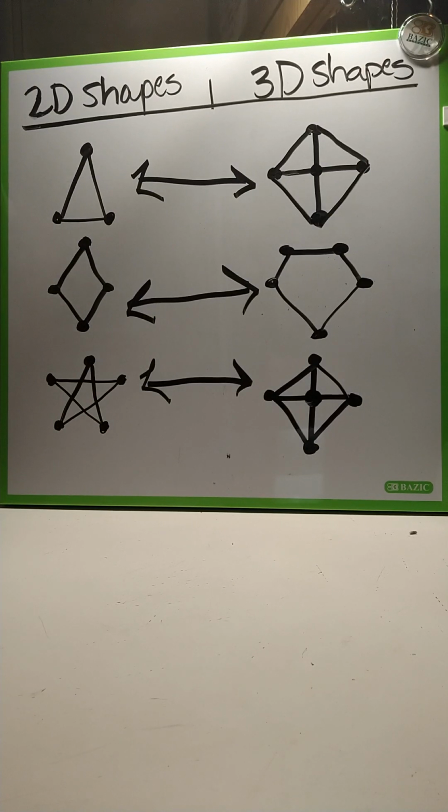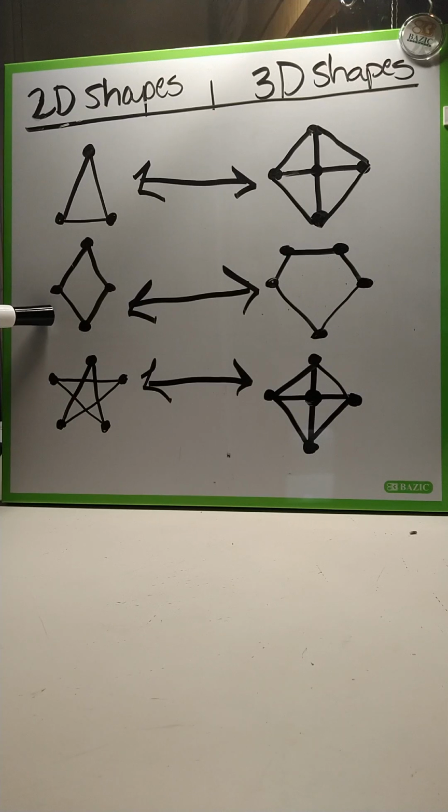We here doing a little bit of geometry, learning these shapes so that we can know why it is important to use this 5-star pentagram and not that 6-pointed star of David. Now, this here is a 2D shape of a triangle, a 2D shape of a diamond, and a 2D shape of a 5-pointed star pentagram.